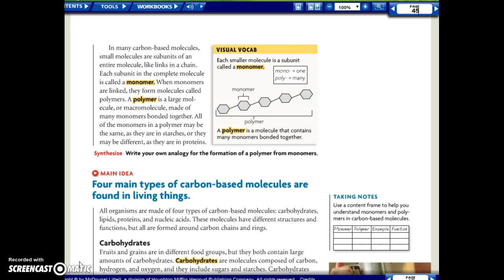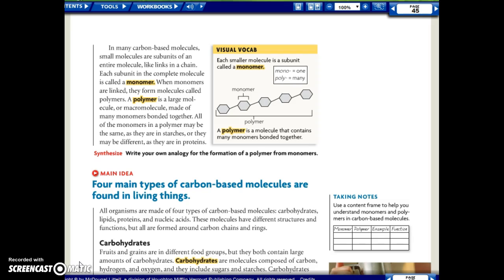Also recall that the second valence shell can hold up to 8 electrons. What this does is it allows carbon to form 4 separate bonds to fill up that second valence shell. As a result, carbon is very capable of making very long molecules.